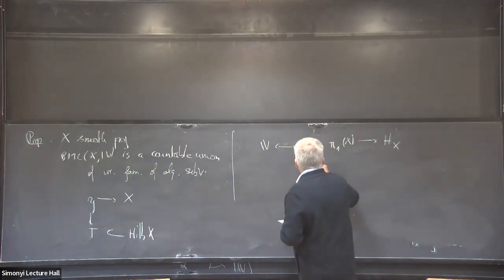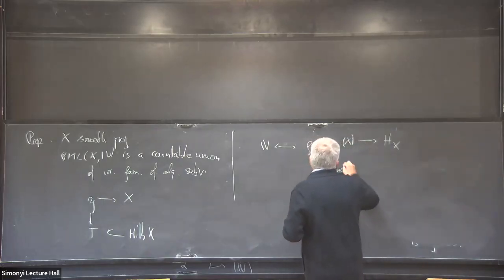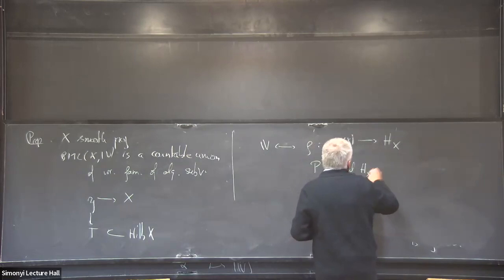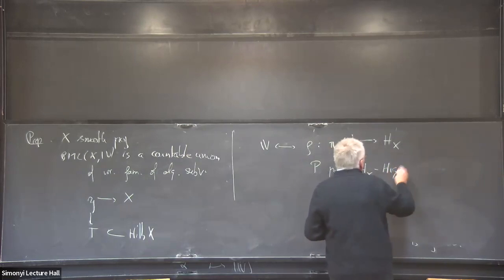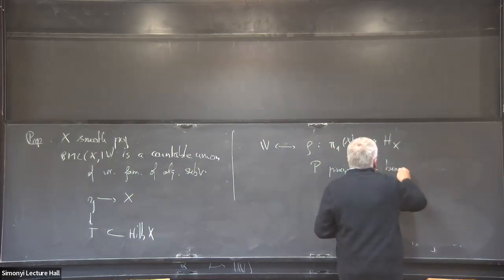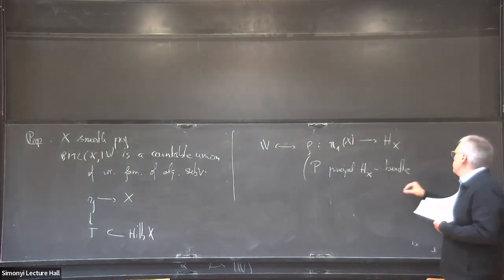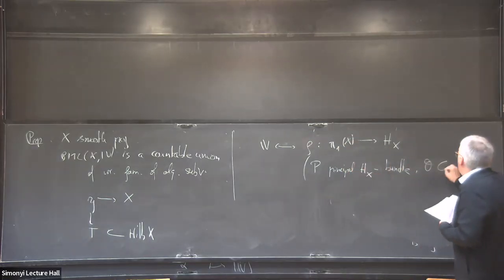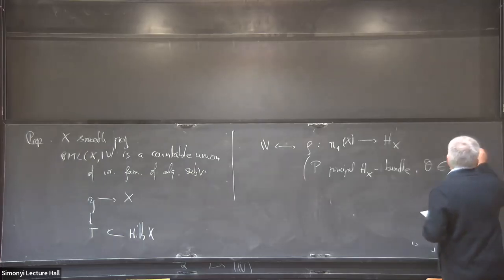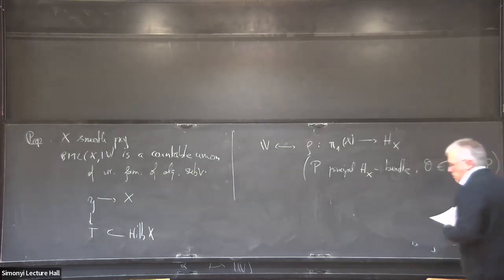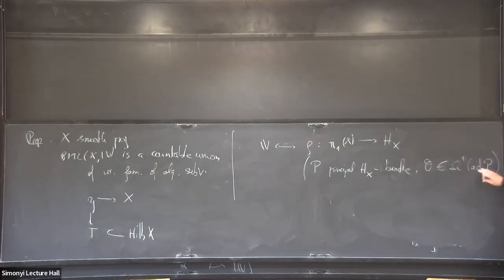So it's P, a principal algebraic H_X bundle, plus theta, a one-form in Omega^1 of ad P, which is a fiber bundle associated with the representation of H_X on its Lie algebra.